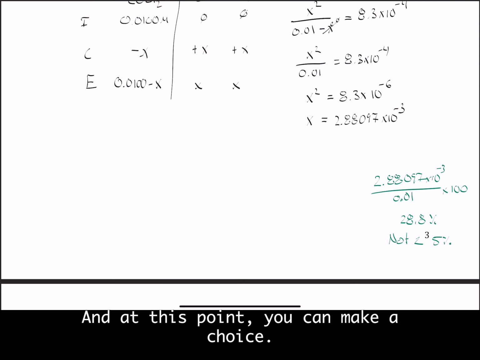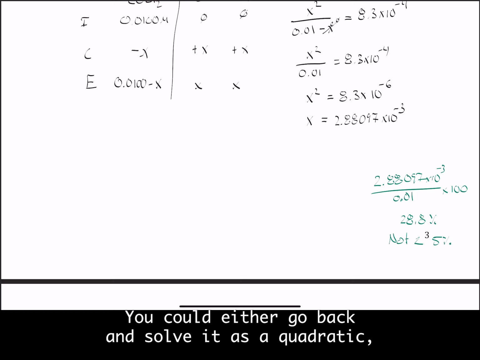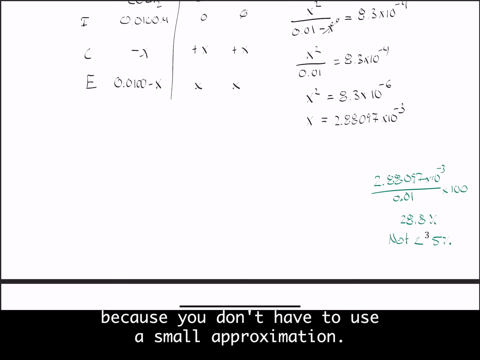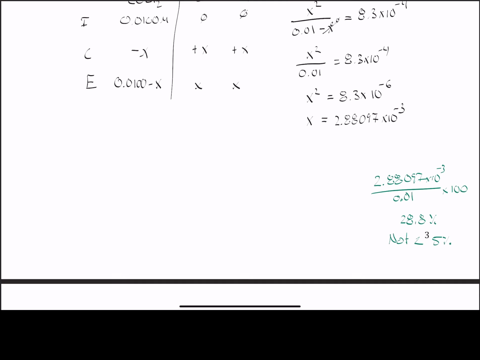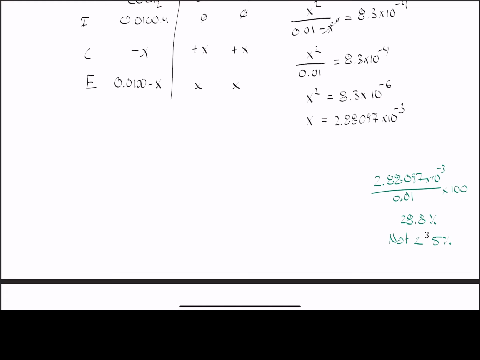And at this point, you can make a choice. You could either go back and solve it as a quadratic, because you don't have to use a small x approximation, or we can take this number and plug it in for our x that we had before.